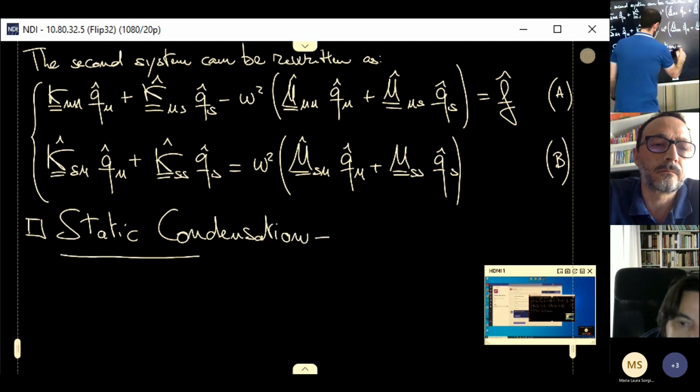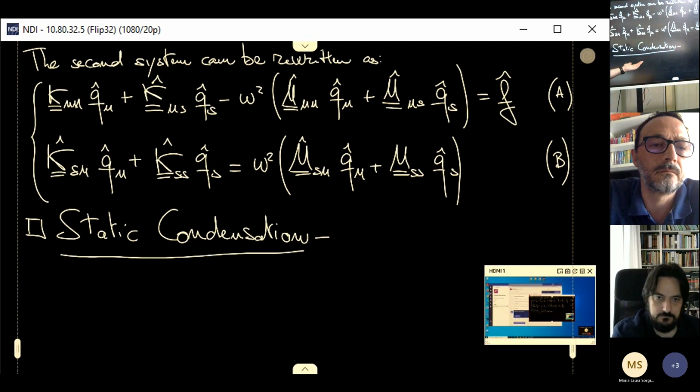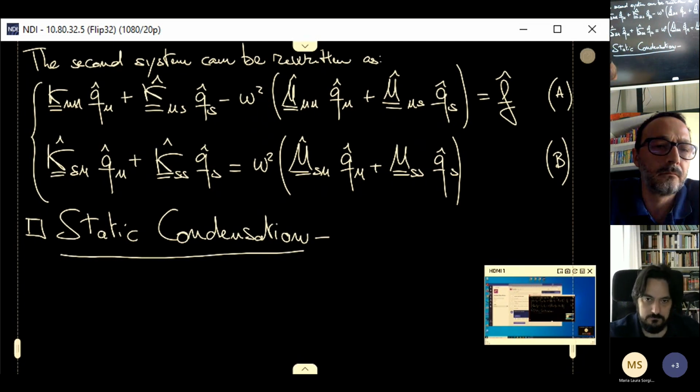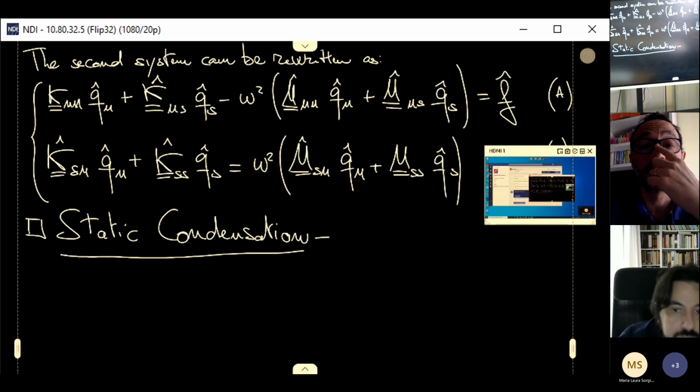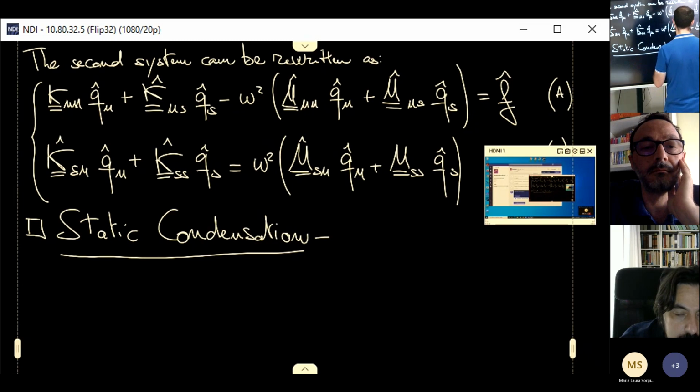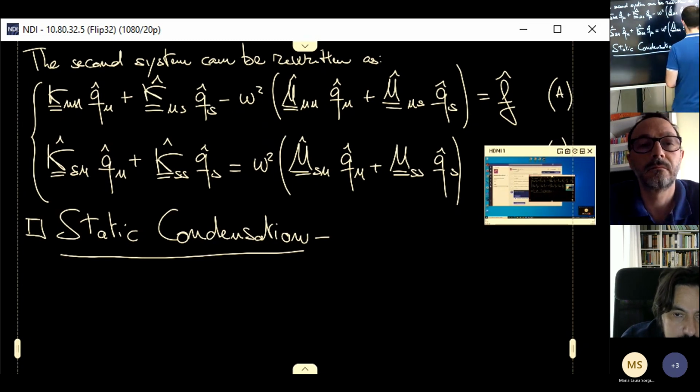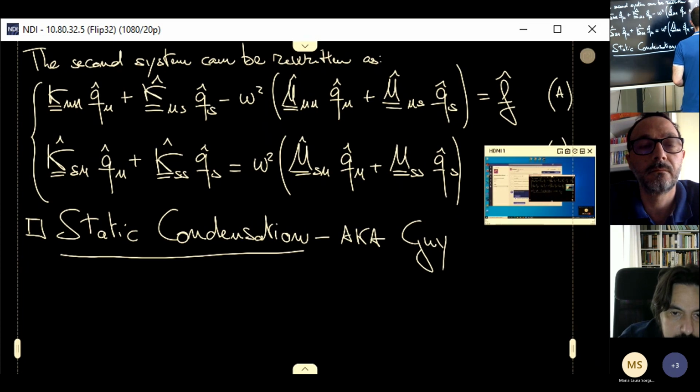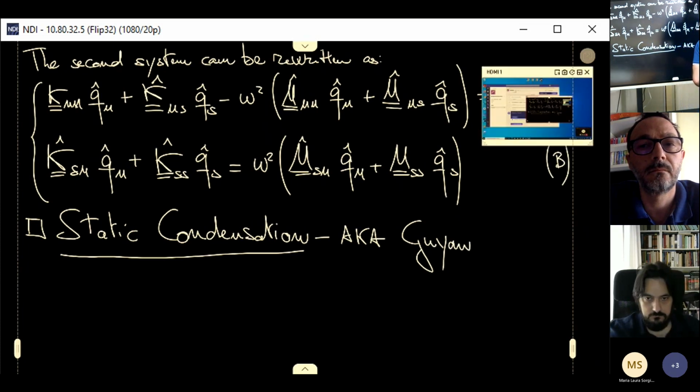And since it was introduced simultaneously by a guy called Irons and by the name of Guyan, so they were two engineers, you can also find this technique referred to as Guyan-Irons condensation, aka Guyan/Irons method.